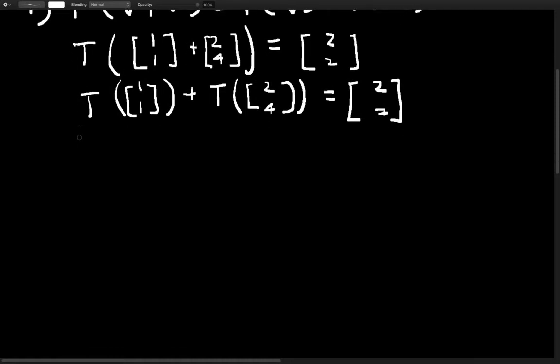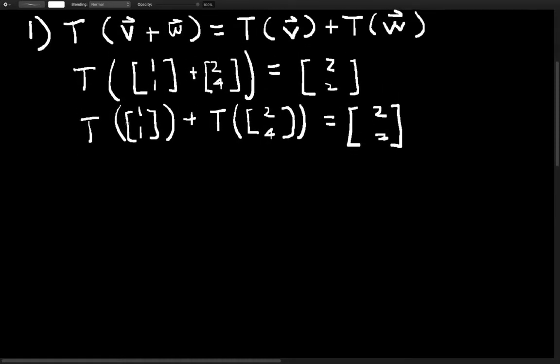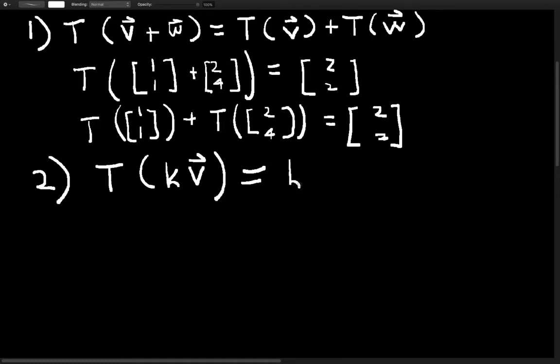Number 2, if we take the transformation of k times some vector in the space we're transforming from, it better be equal to k times the transformation of just that vector.